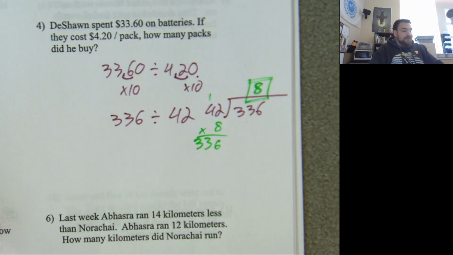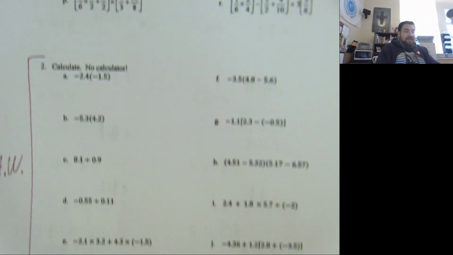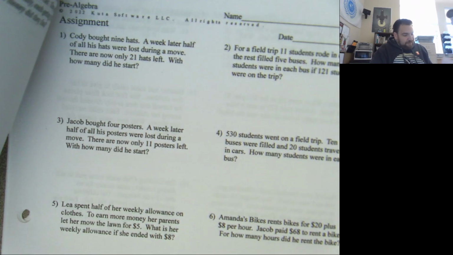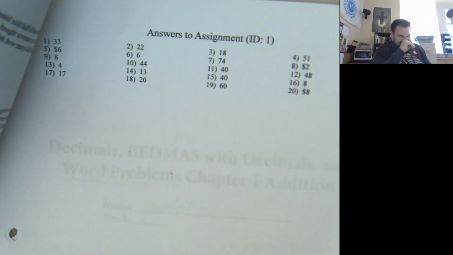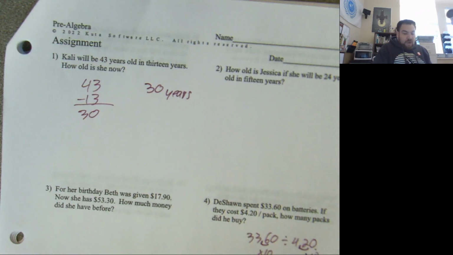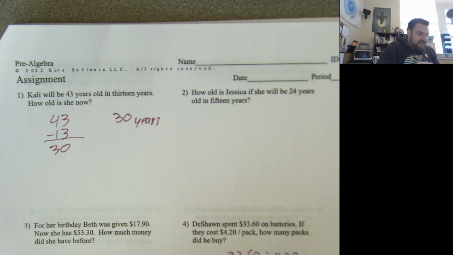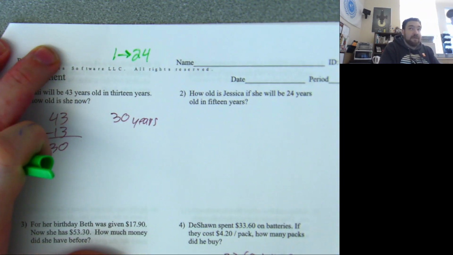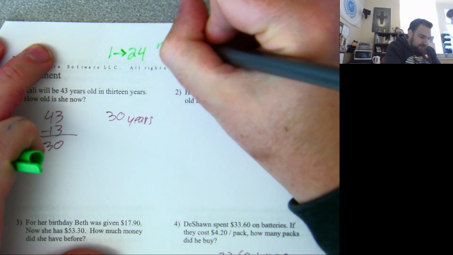So, what I'd like you to do is this. In addition to this page, let me freak you out here. There are 40 questions. You are not going to do them all. What I want you guys to do are questions number 1 to 24, multiples of 3.